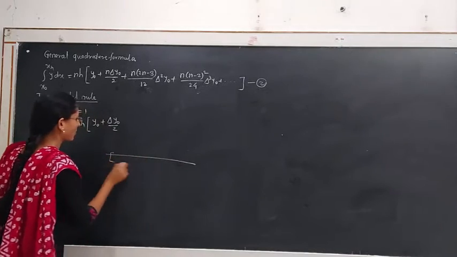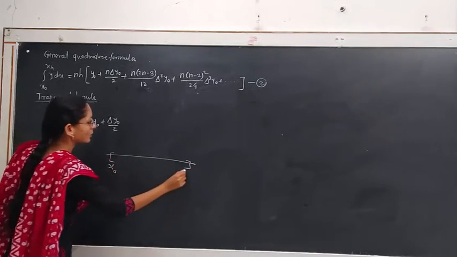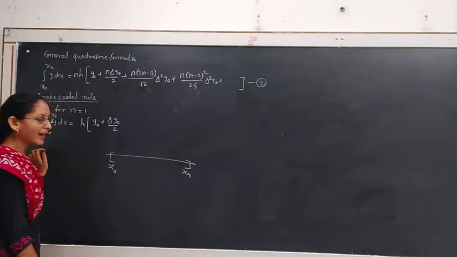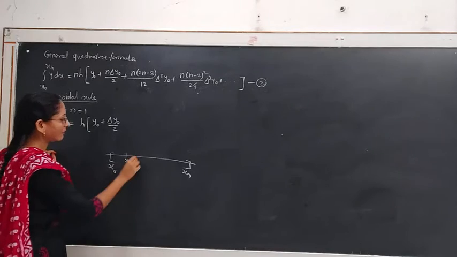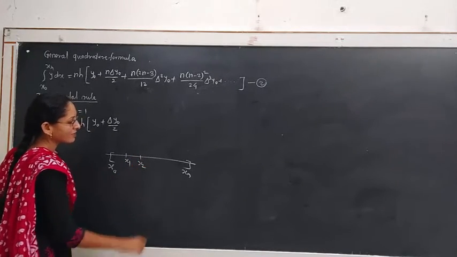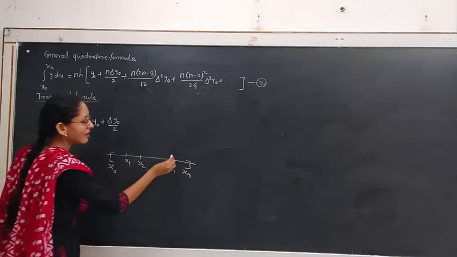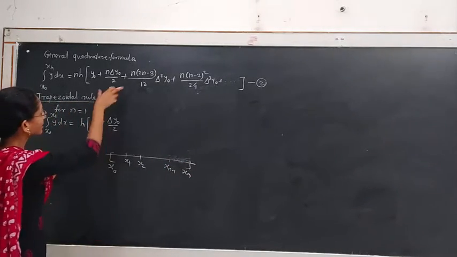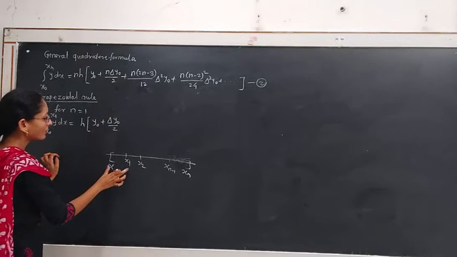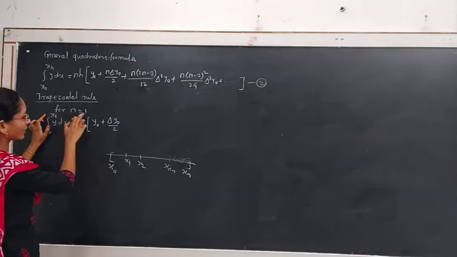Because we have partitioned this interval x0 to xn into n sub-intervals. x0 to x1 is first sub-interval, x1 to x2 is second sub-interval, and xn minus 1 to xn is the last sub-interval. Now we are integrating this function over the first sub-interval, namely x0 to x1, for n is equal to 1.